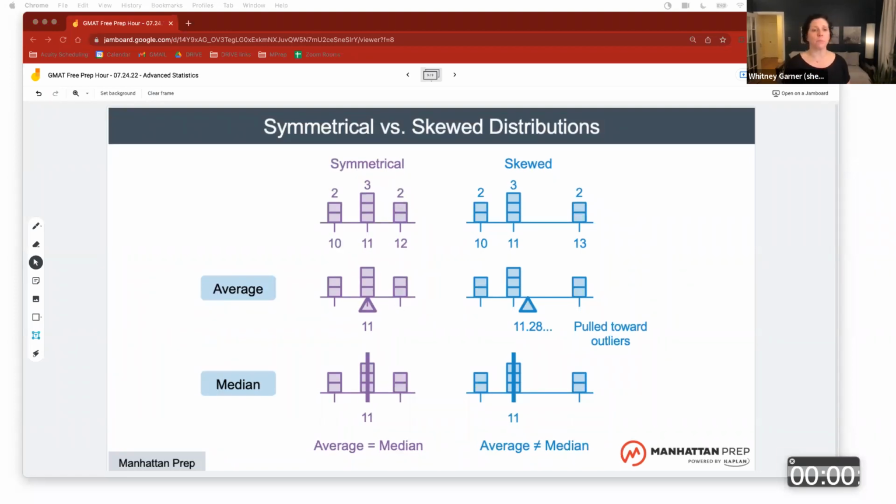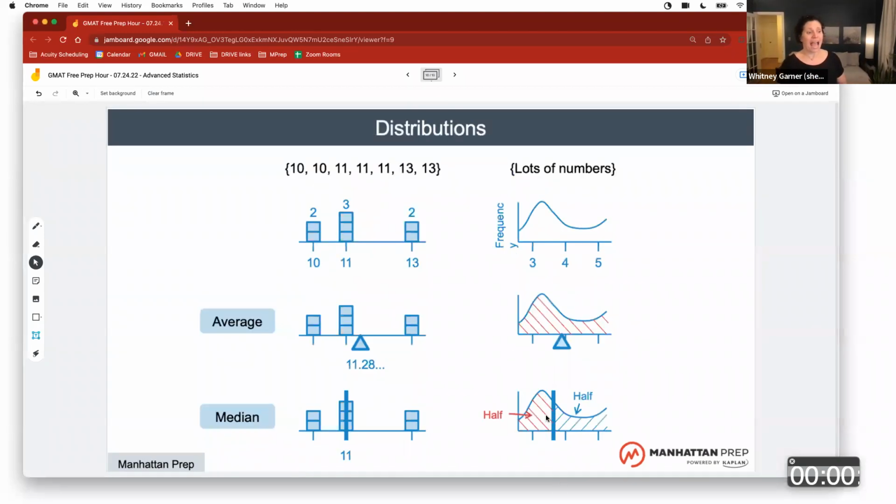If we think about this from a broader distribution, as you go to business school and start to think about your stat classes, what we want to recall is that the median is the halfway point, where half of the observations are on the left and half are on the right.